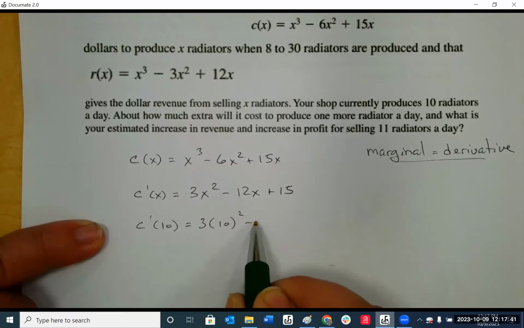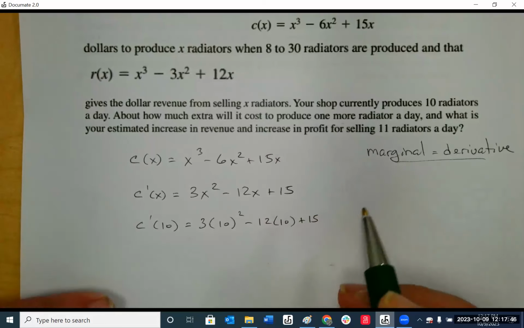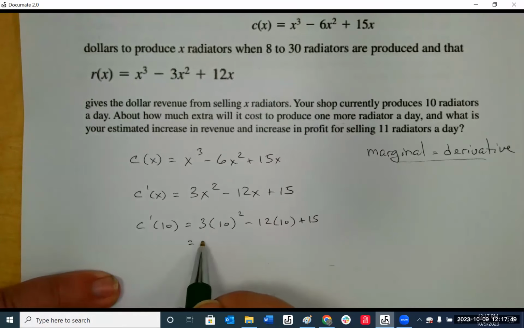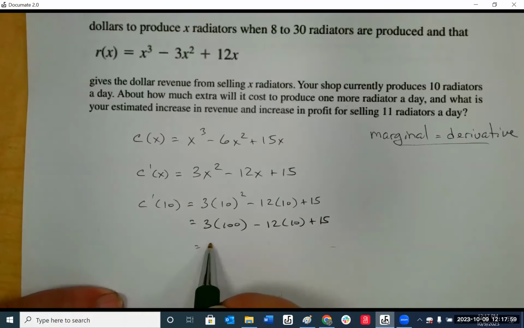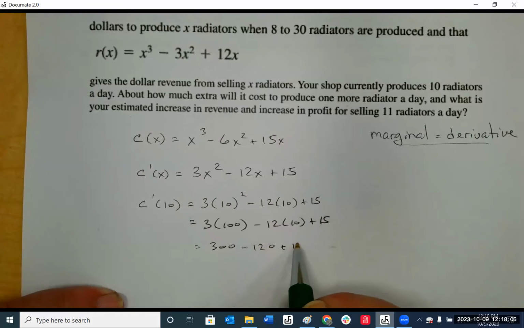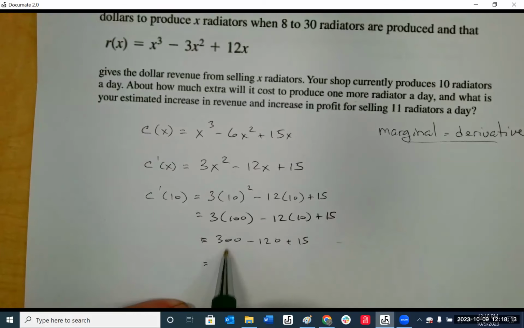How much would it cost for producing 10? So it's 300 minus 120 plus 15. That's 180 plus 15 is 195.